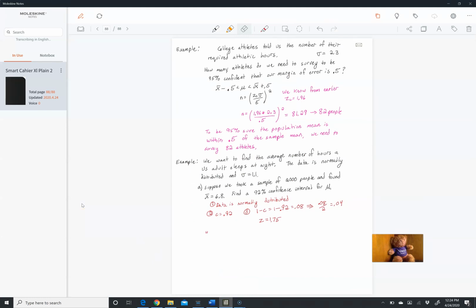Okay, so our margin of error is 1.75 times 1.1 over the square root of 2,000.